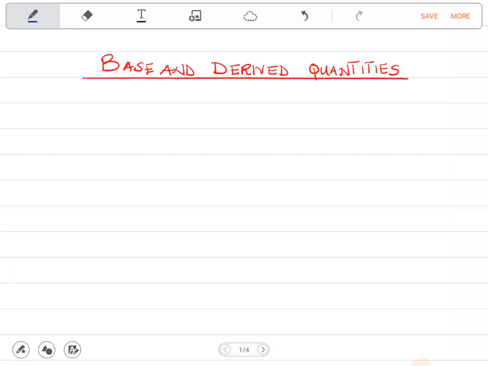Now, we have what we call the base units, or you can call them the base quantities.